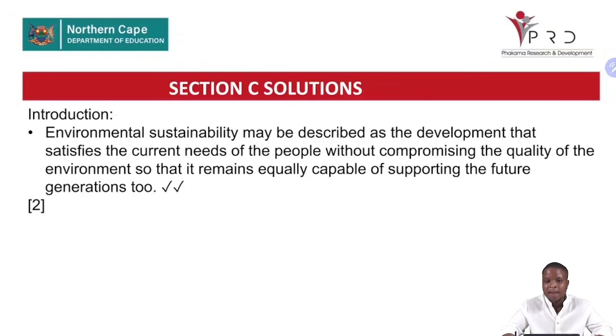So if you said environmental sustainability means that our environment can survive our economic activity of today without compromising the future generation, you are still correct. If you described what the environment is as well, you're still correct. If you described that the environment is the things in nature that we see, maybe you listed those environments you're speaking of, then you'll still be correct, or any other lower order introduction.